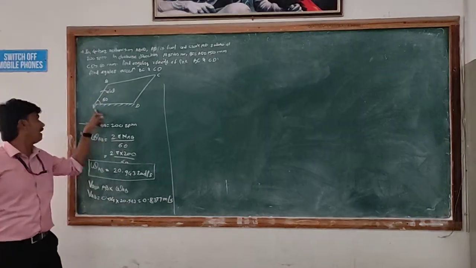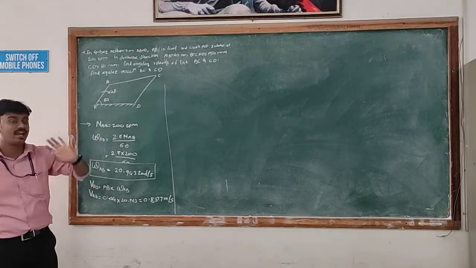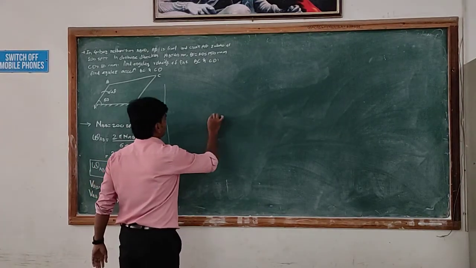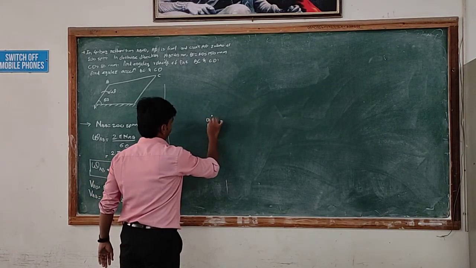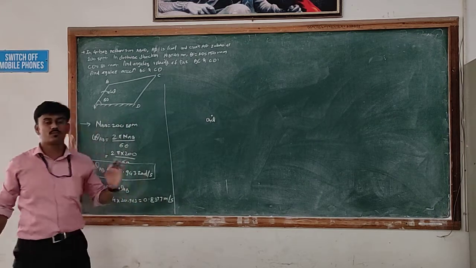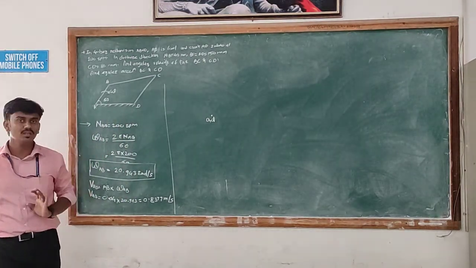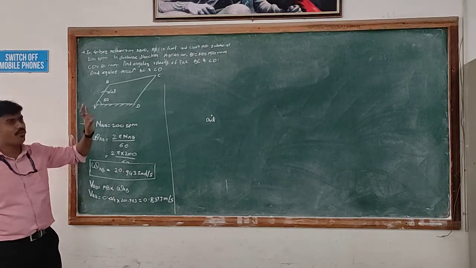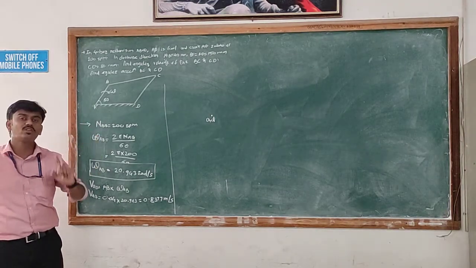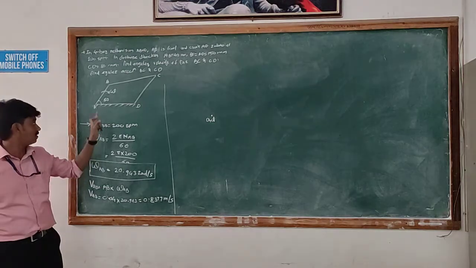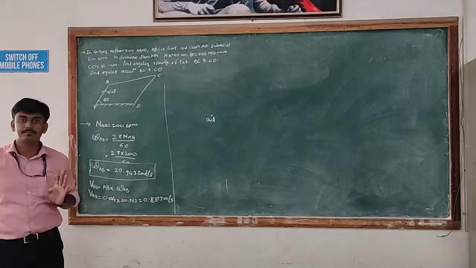So here point A and D are fixed. So we consider, suppose here is point A and point D. Both are fixed, therefore both lie on the same position. Okay. Now we have to draw a velocity vector for this link AB.